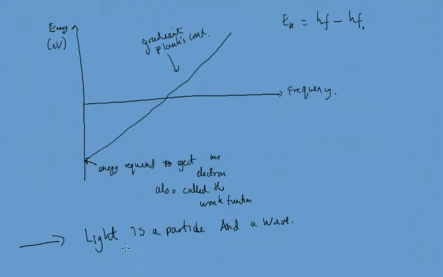It behaves like a wave, it interferes like a wave, it refracts, it diffracts, it reflects, it is a wave. But the photoelectric effect shows that light is a particle. It transfers energy like two billiard balls bouncing off each other.